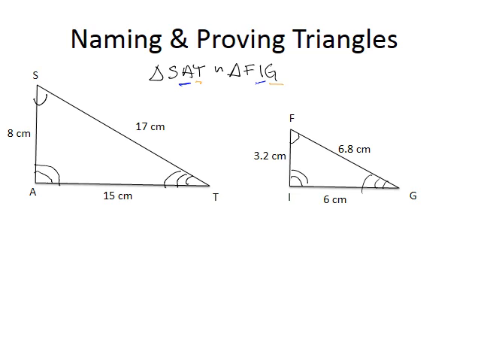Let's start with side SA and side FI. SA, the side here, and FI. To write it out, I'm going to write it as a fraction. So side SA over side FI is equal to the value of SA, which is 8, over FI, which is 3.2.